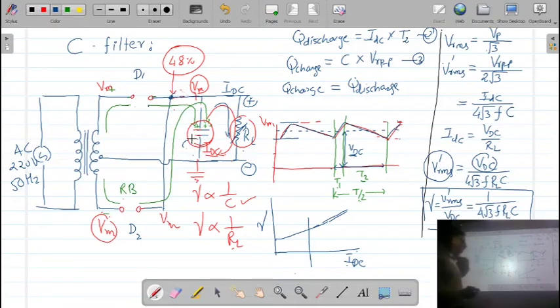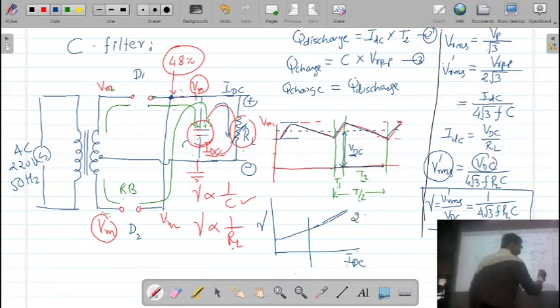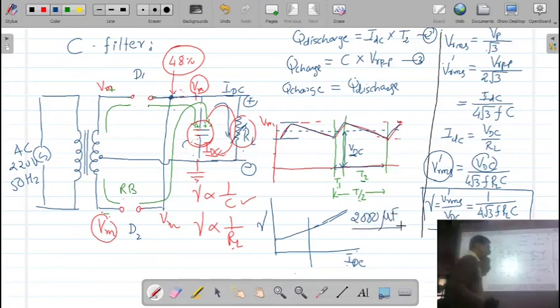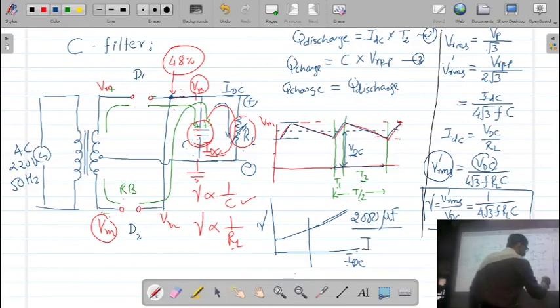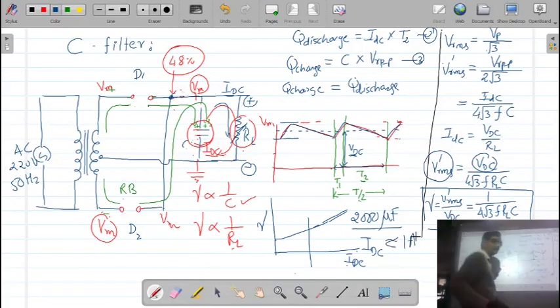The maximum value of the capacitor is 2000 microfarad. So remember, this kind of filter circuit is useful if you want to make a power supply with a current capacity of less than 1 ampere. And for a higher current capacity of the power supply, you cannot use this filter.